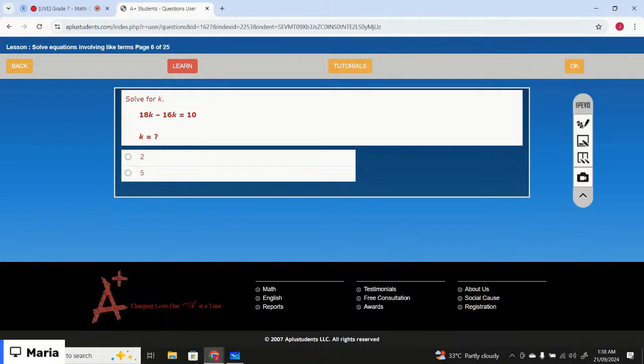That is K equals 5, option number 2 is the correct option.